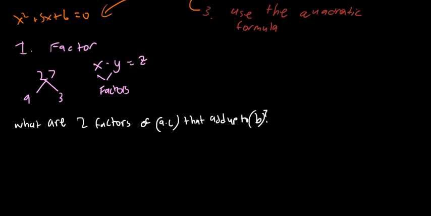Now in our quadratic equation up here, a is the number in front of x squared. So a is 1 because there's an imaginary 1 here. b is the number in front of x, which is 5, and c is the number that's all by itself, which is 6. So now let's plug this in.